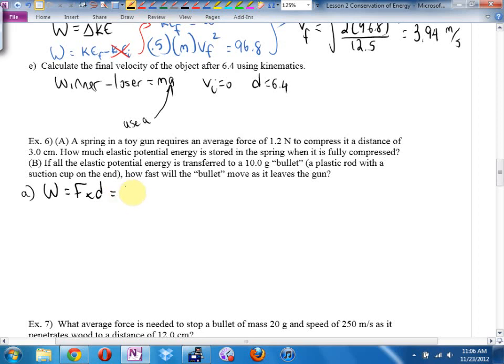Force, 1.2. Distance, why can't I use 3? 0.03. And I get 0.036 joules of energy. Not much. Although maybe there's not much mass, maybe I don't need much.